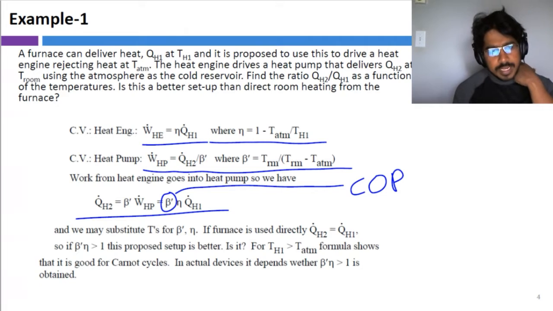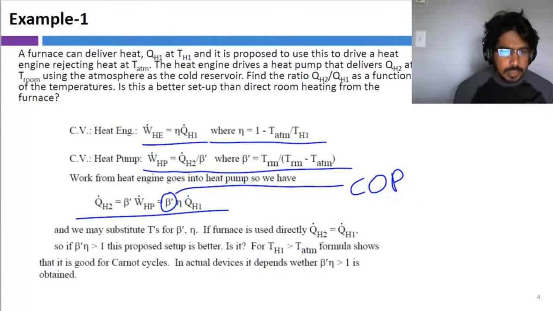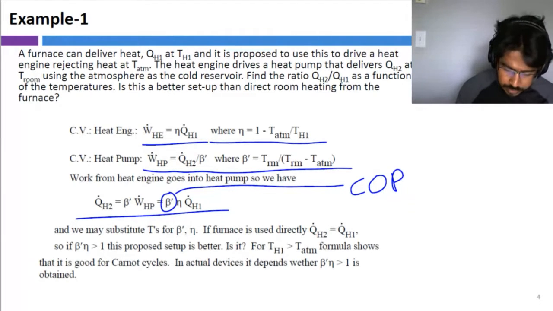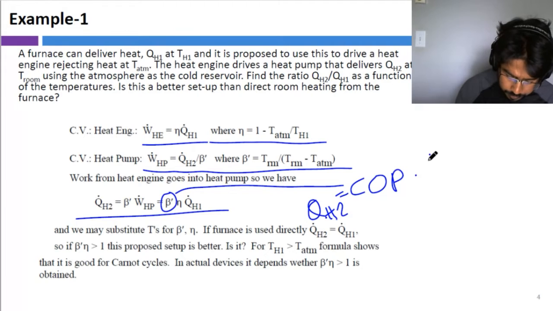So when we are looking at this problem, it shows us another thing. We can write QH2 equals COP into thermal efficiency of the heat engine into QH1.